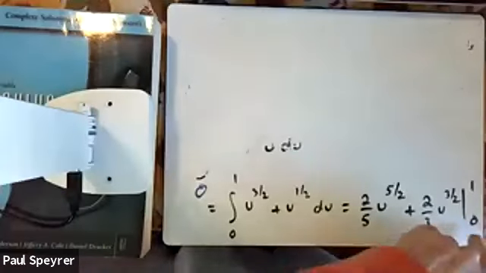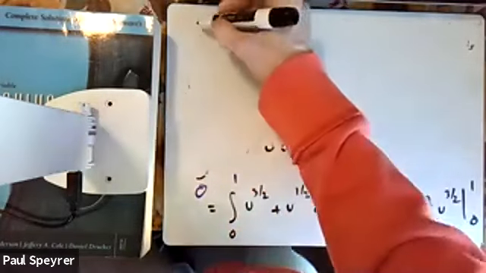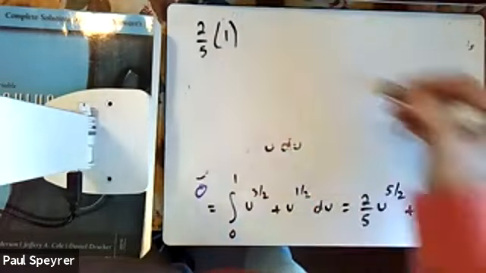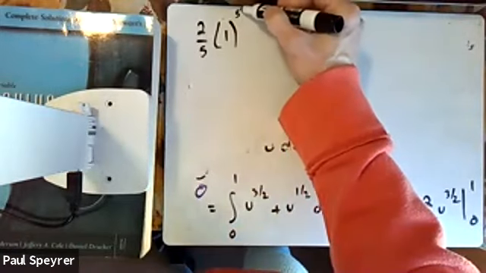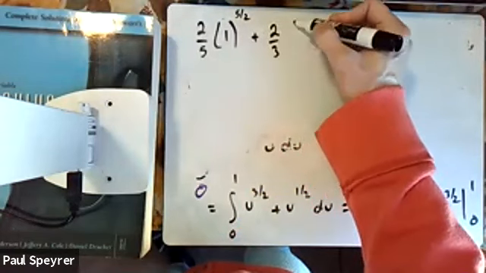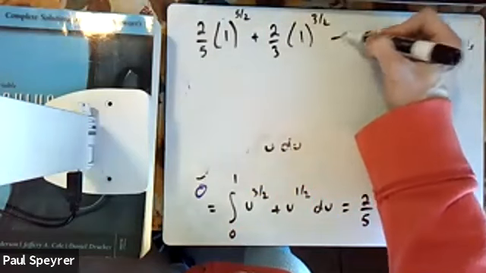Now what's nice is that since the bottom limit is 0 and all these have u's, that's all going to zero out. So we're going to have 2/5 times 1 to the 5/2 plus 2/3 times 1 to the 3/2, minus the bottom limit.